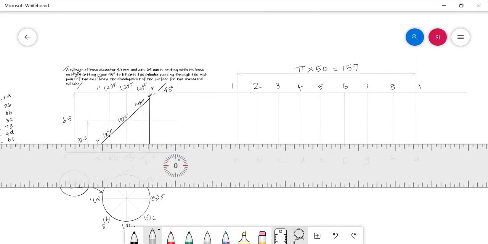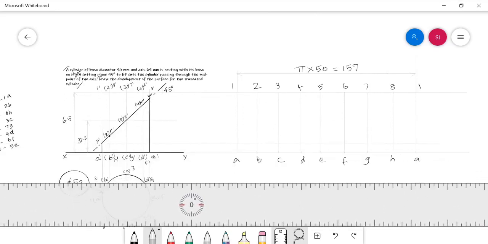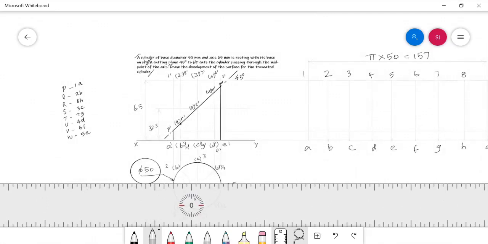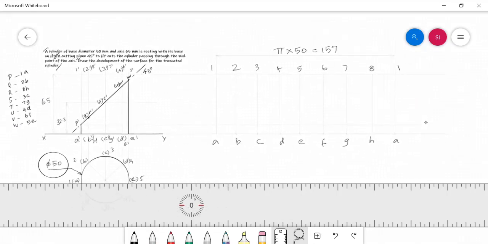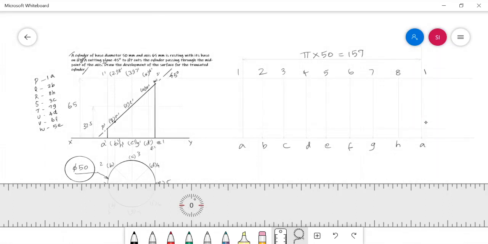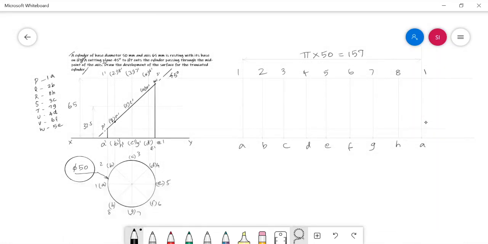Now I am projecting the cut point P, and this cut point's address is 1A. So wherever the generator 1A is there, I need to mark the cut point P. It is in two places.